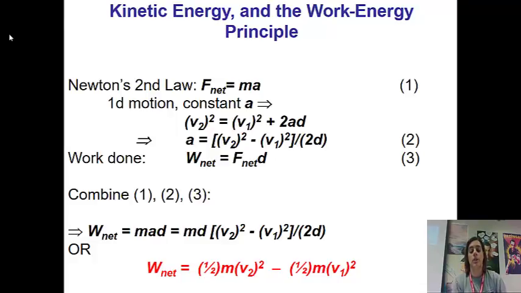So now we're going to combine all those equations, because F equals ma, and we're going to substitute in ma for our net force in the work equation. But then we can substitute in the acceleration from our kinematics equation. And ultimately what we find is that the net work done is equal to the change in kinetic energy. So when the kinetic energy of a system changes, work is done. And so we can equate the two.